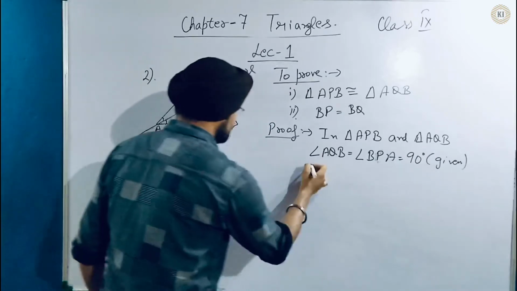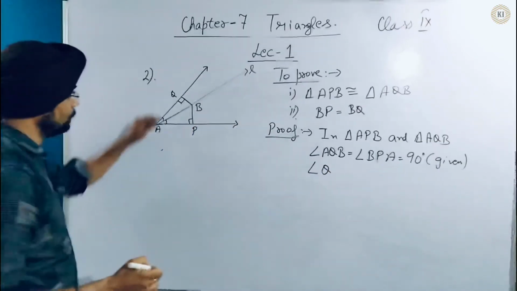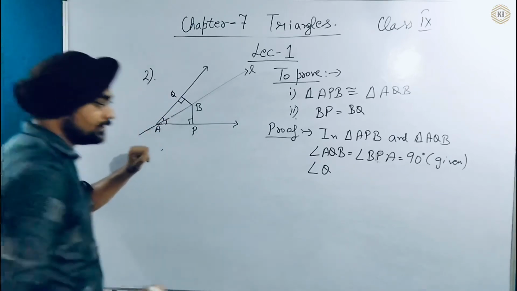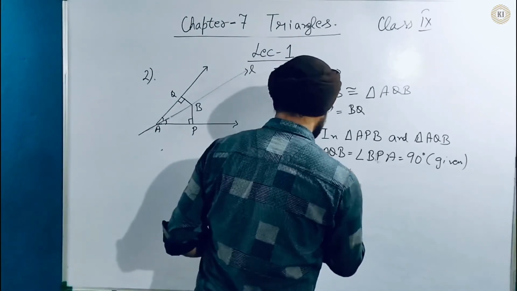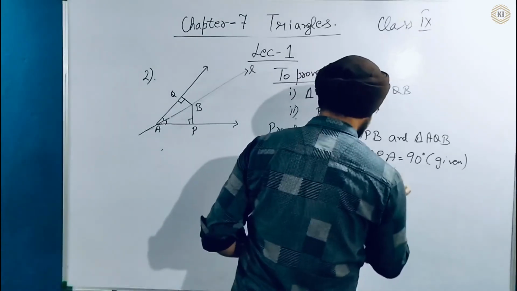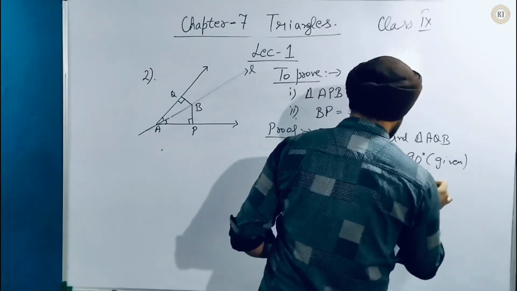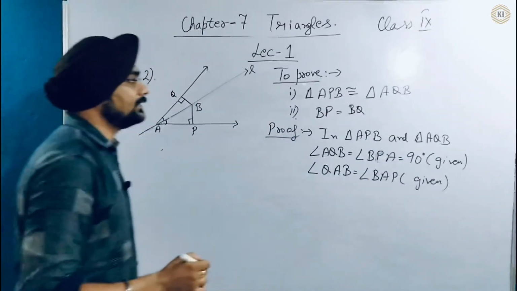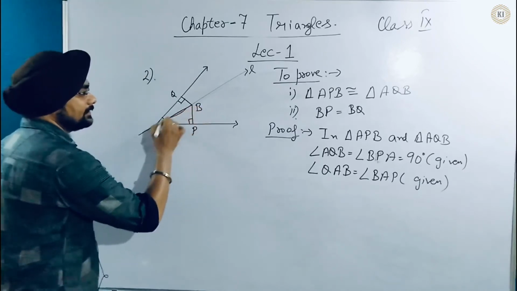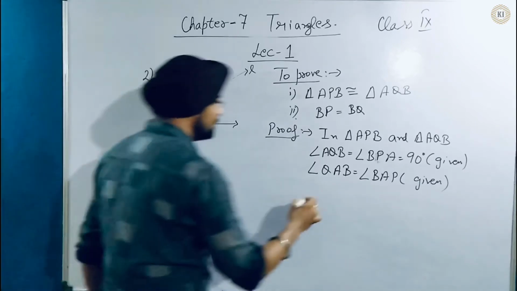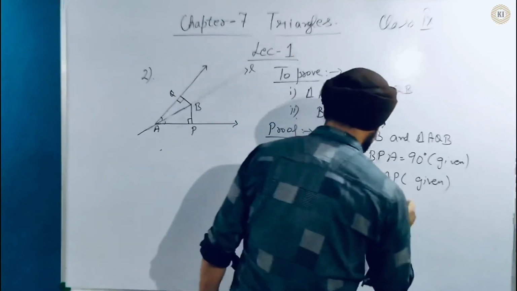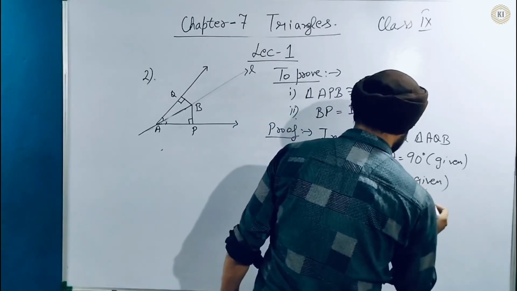Second, angle QAB and this angle both are equal, it is already marked. Angle QAB is equal to angle PAB. Reason: given. Third, this line AB is common in both the triangles, so we can write AB is equal to AB, that is common.